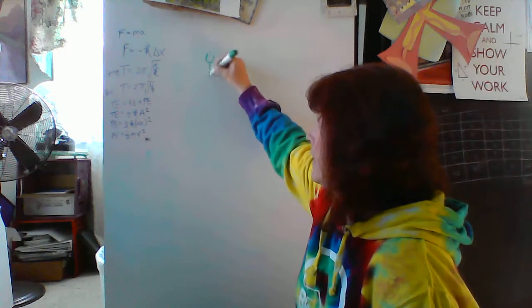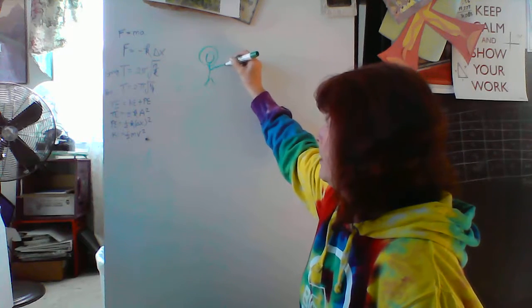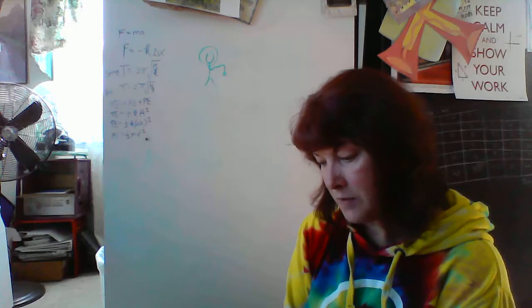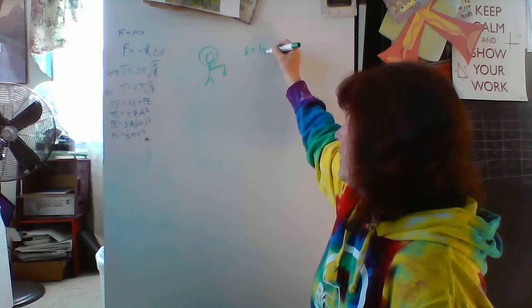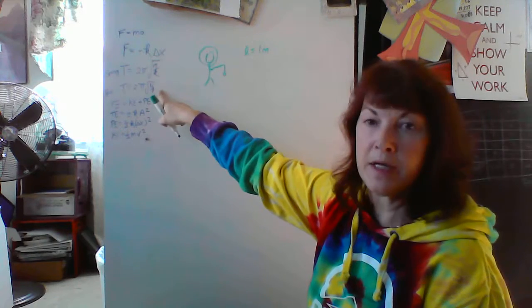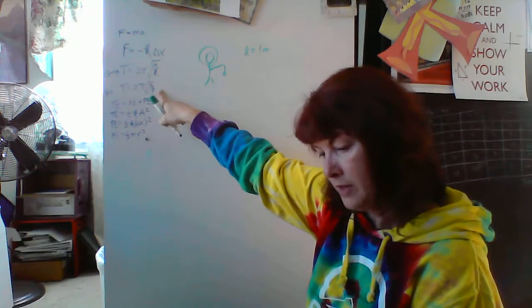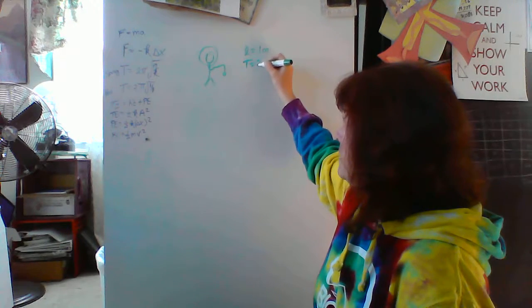So we have our astronaut in his space helmet, and he's got a pendulum here, and he set that up to swing, and it has a length of 1 meter. So when we're talking about our pendulum formula, we want to know the length, and that was given, a 1 meter pendulum with a period of 3.28 seconds.